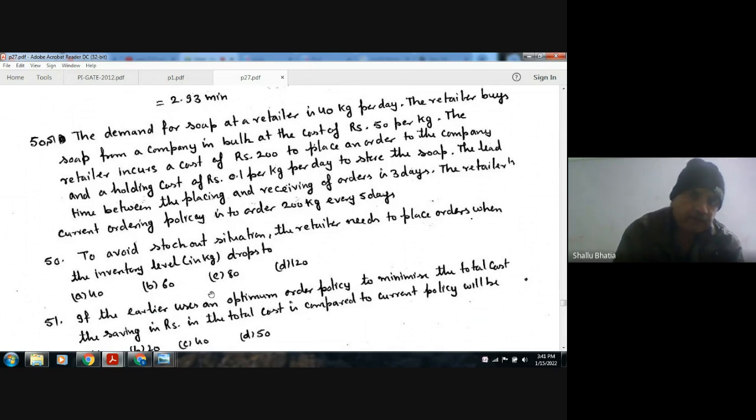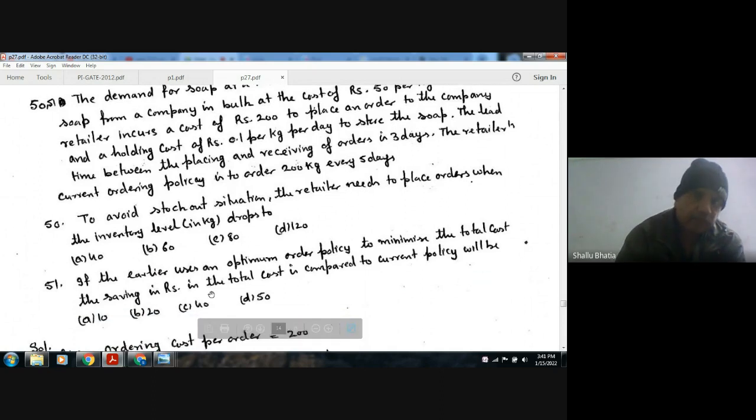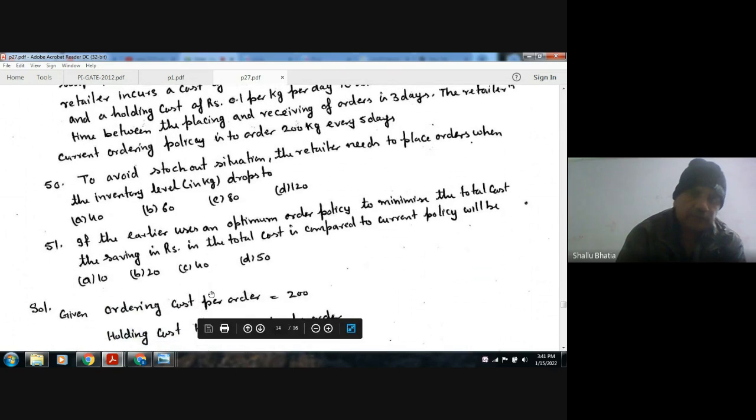The lead time between placing and receiving of orders is 3 days. The retailer's current ordering policy is to order 200 kg every 5 days. To avoid the stockout situation, the retailer needs to place orders when the inventory level drops to: option A 40, B 60, C 80, D 120.